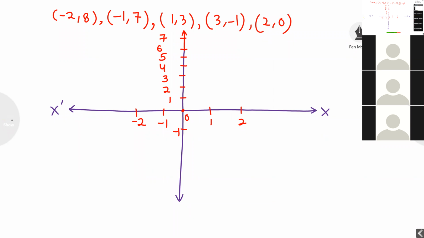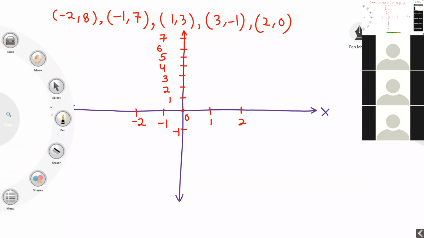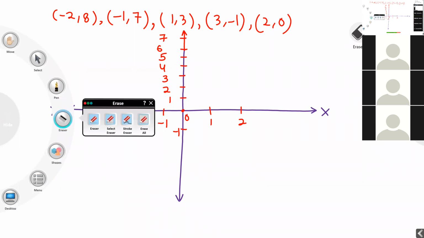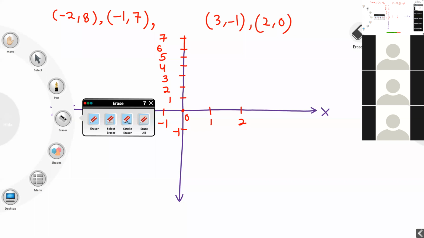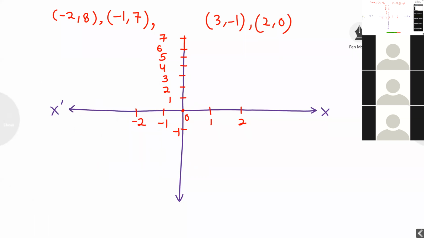It will go up also. x is minus 2, y is 8, means this point will come.